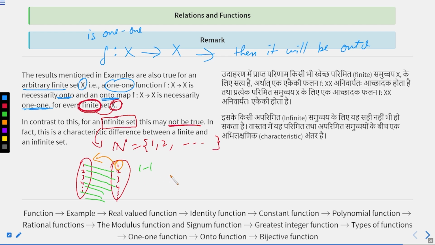So this is not onto. That's the main difference between X being finite and X being infinite. I hope that it is clear to you.